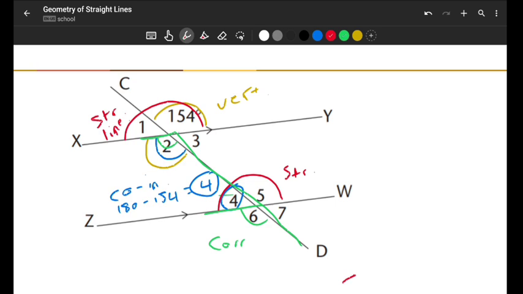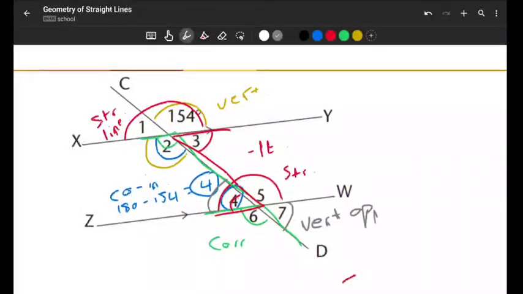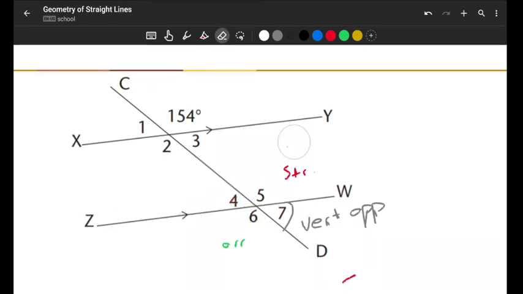Perfect. Good save. So this 4 and this 3, we can see a little Z there. Then we can use alternating angles there. And then the last one is 7. For 7, we can just use vertically opposite angles. There, vertically opposite. And you found everything that you want, right? This question is perfect because now you can test yourself.